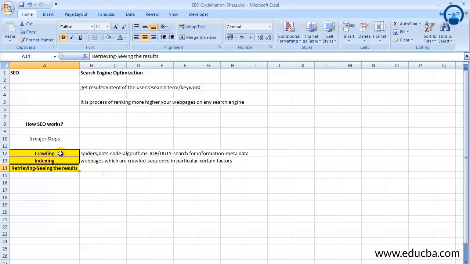These three steps are followed by majorly all search engines to show you the results which you are seeing. So let us look at each one of them one after the other.